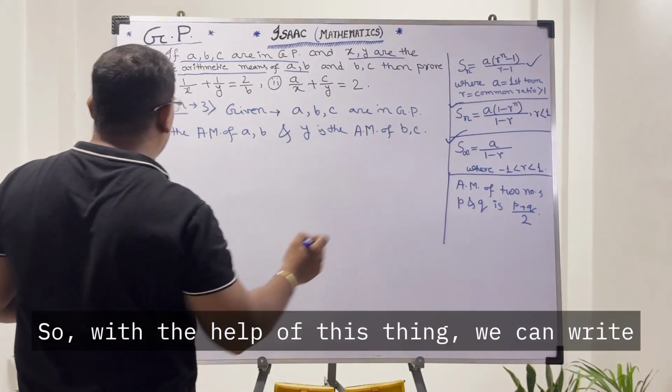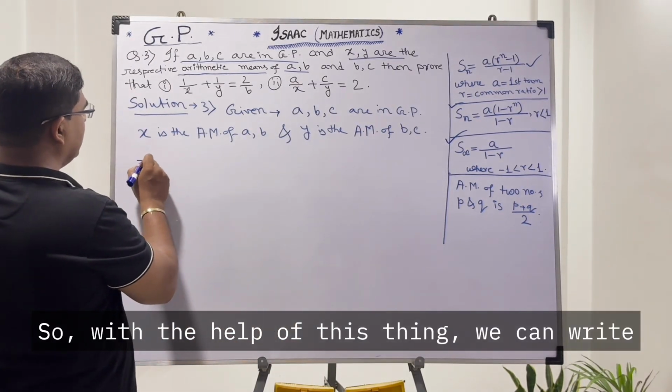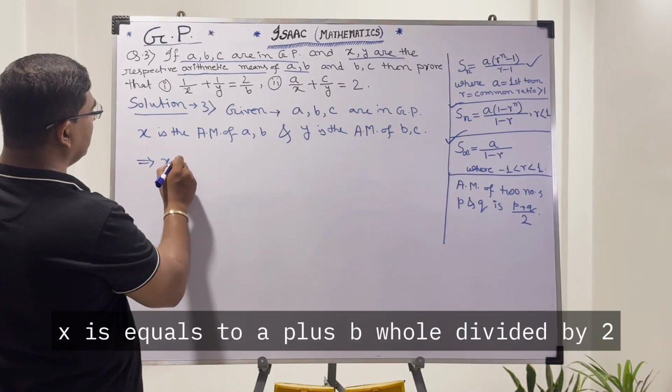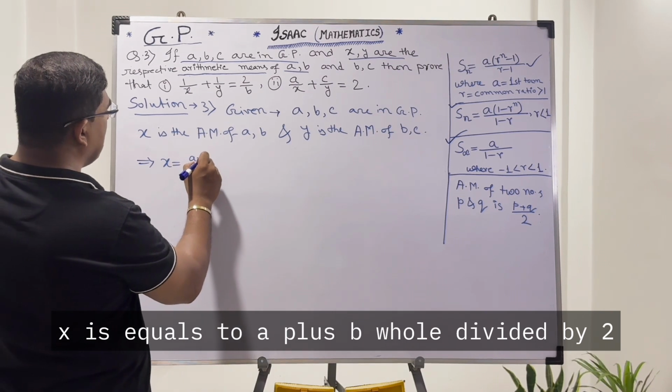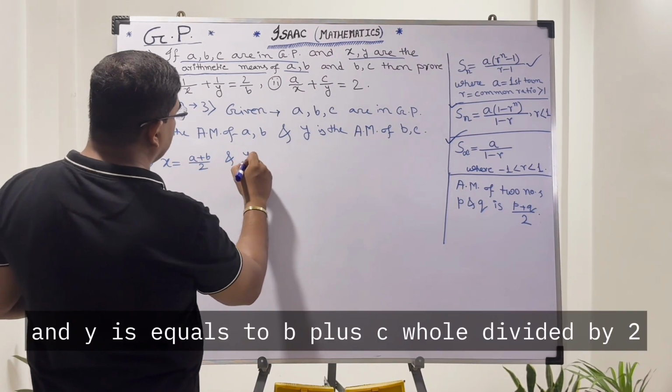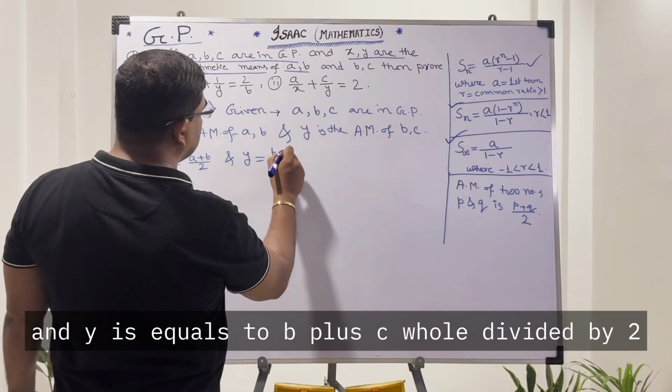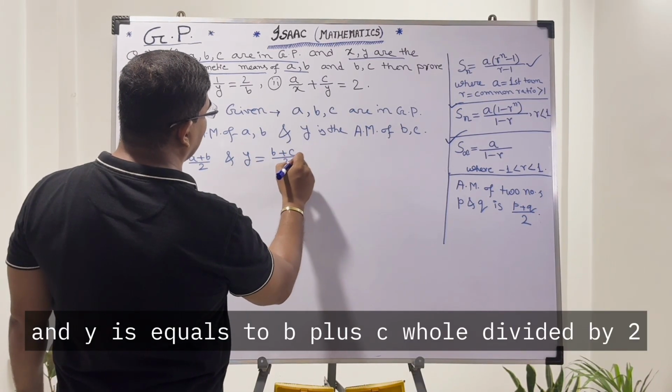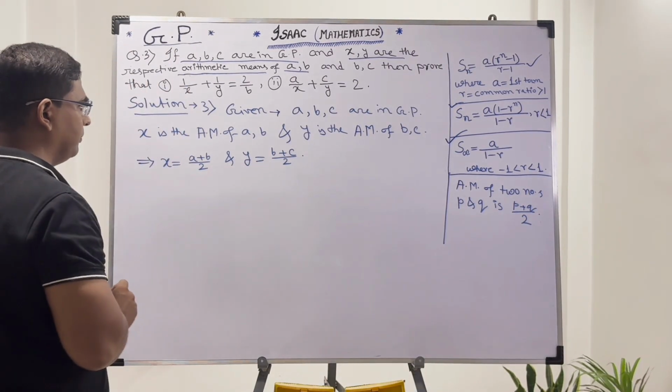So, with the help of this, we can write X equals A plus B whole divided by 2 and Y equals B plus C whole divided by 2.